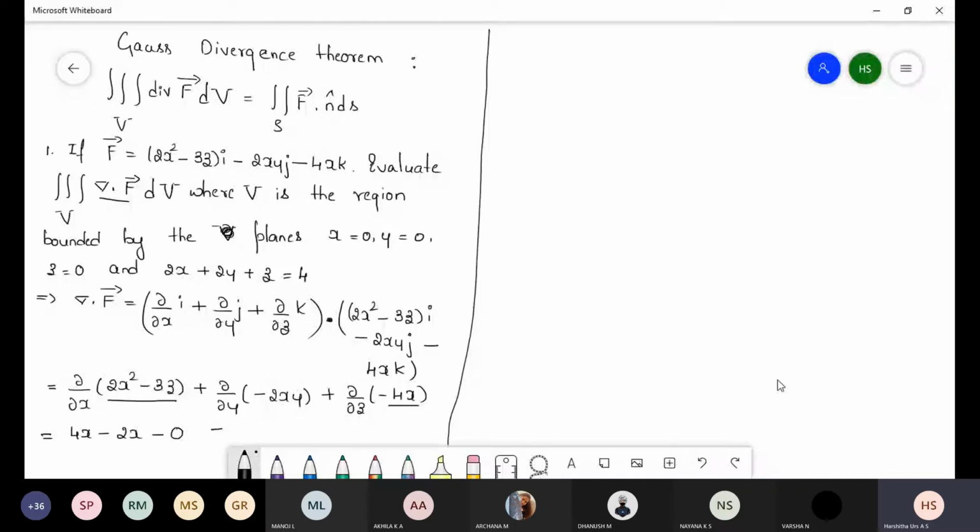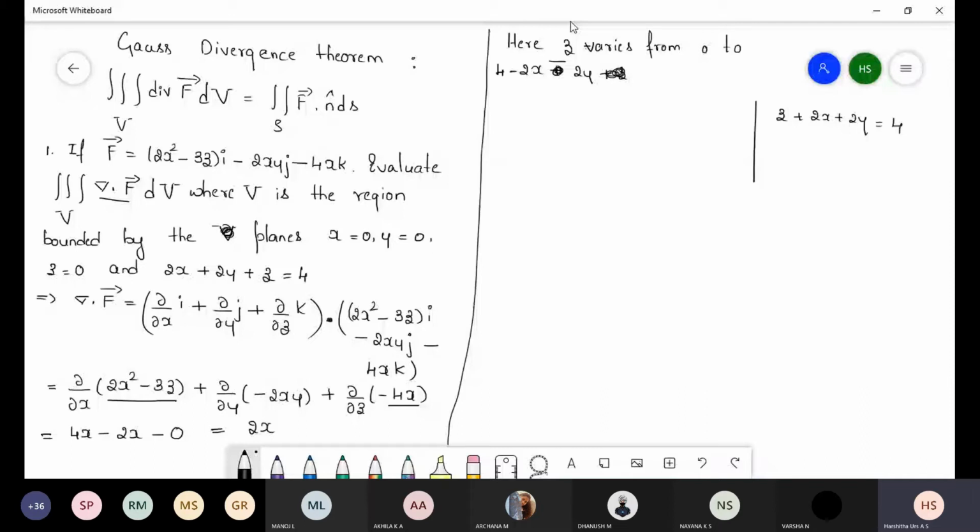Here I will show, z varies from. So z plus 2x plus 2y is equal to 4. We have to see this equation. So here we are writing for z means shift these 2 terms to the right side. So z is equal to 4 minus 2x minus 2y.